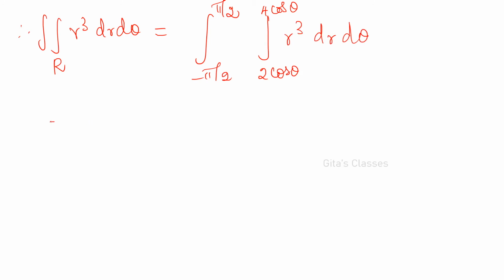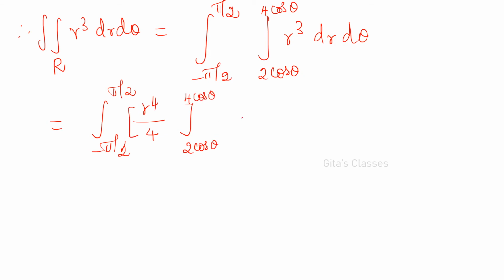This is the order. So integral from minus pi by 2 to plus pi by 2 of r power 4 by 4, from 2 cos theta to 4 cos theta, d theta.